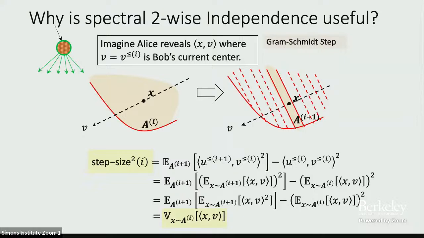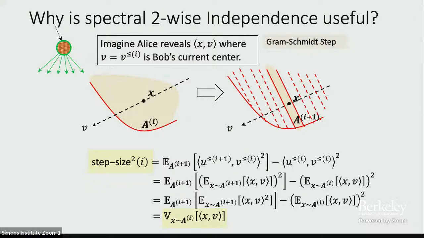And the key point here is that for every point within this slice, it has the same inner product with V. So for every point X dot V here, when you take X within the same slice, it's actually the same. So here this expectation is actually over a constant. So you can pull the square from outside to inside, and you just get the expected square of this inner product.